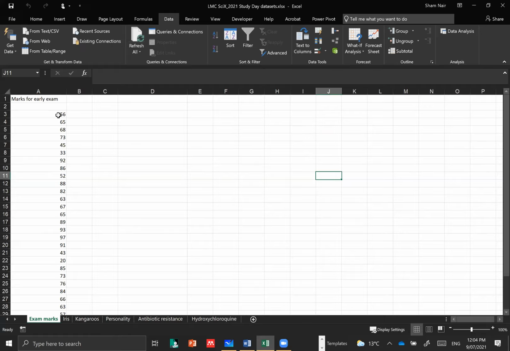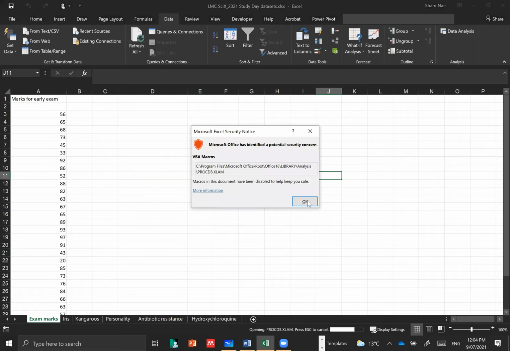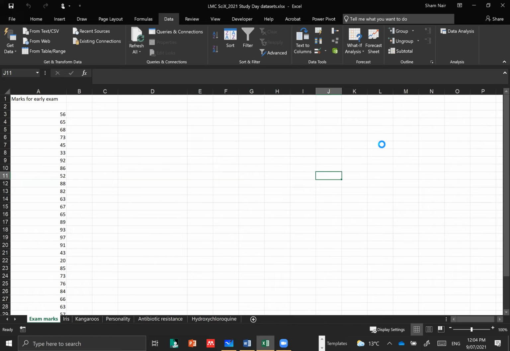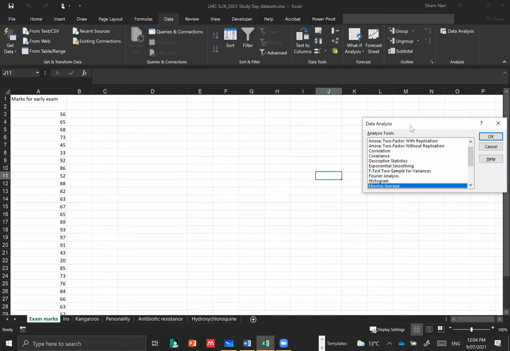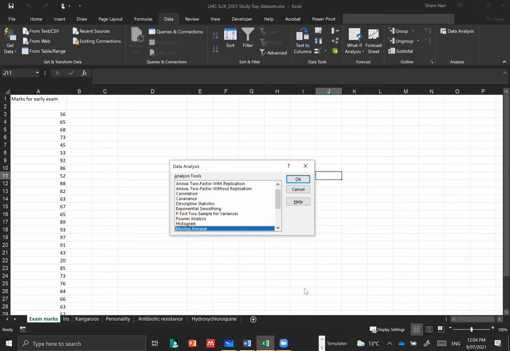It's a randomly generated data set. We can do descriptive statistics at the click of a button. Usually you'll get an error warning. These are all the different statistical tools that are available in this particular package, the data analysis package.